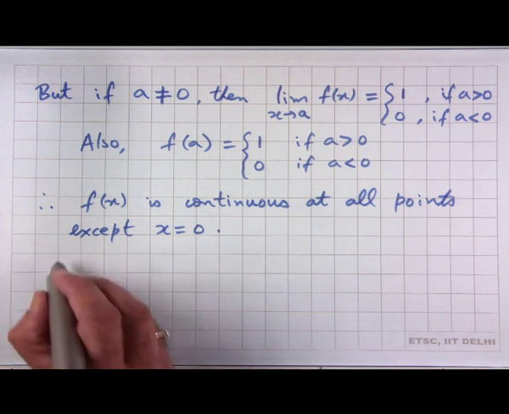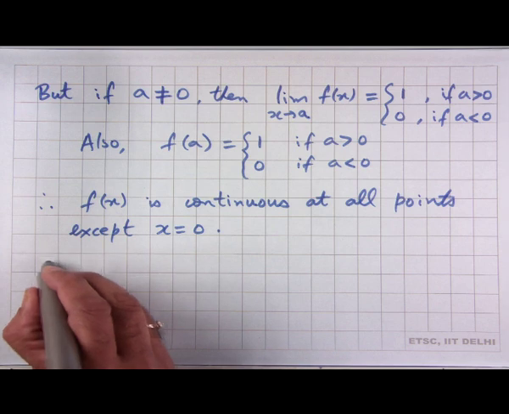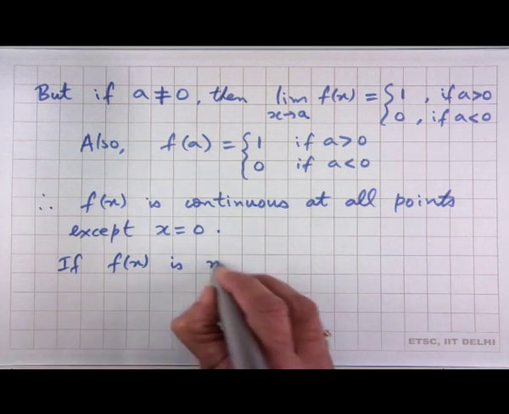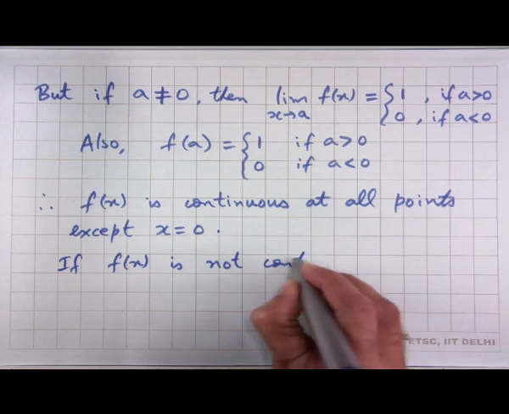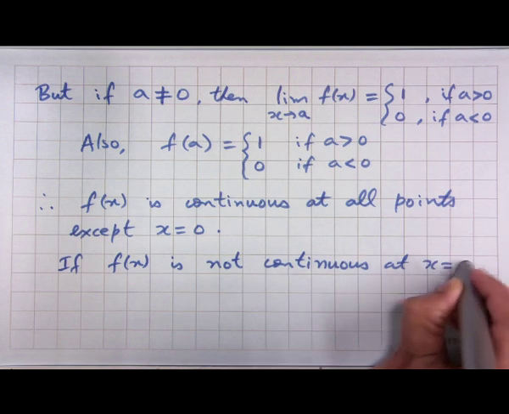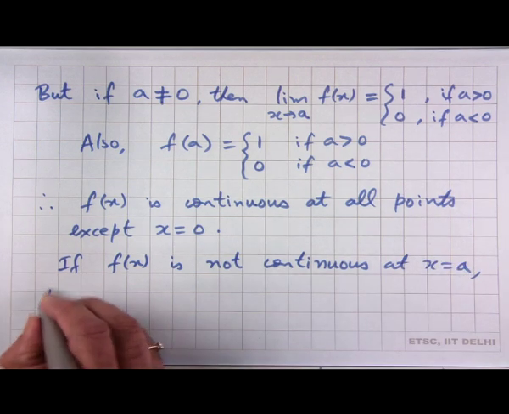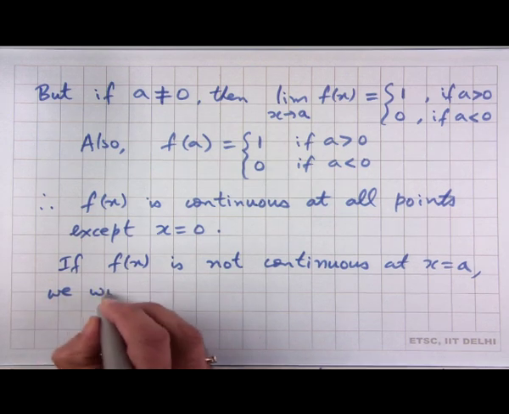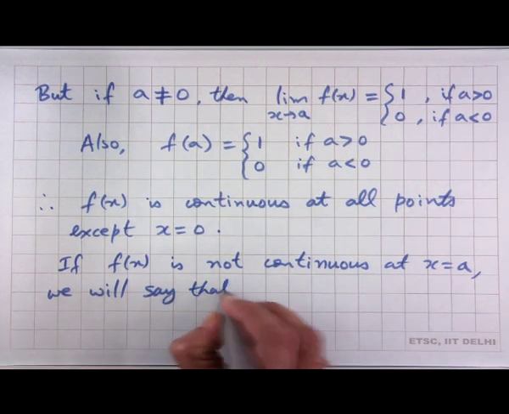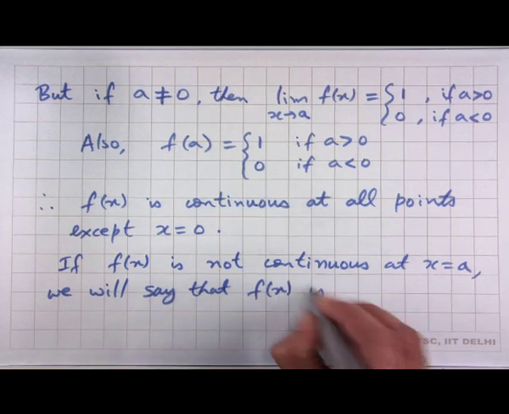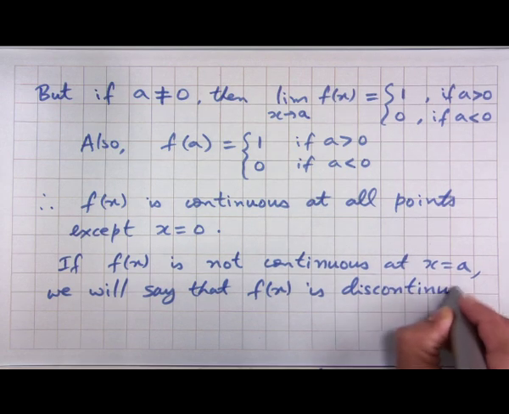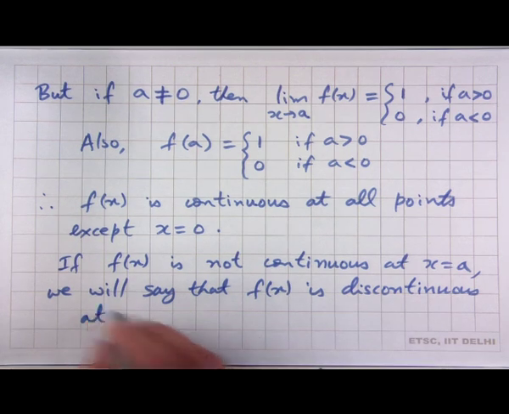Also, if f of x is not continuous at x equal to a, we will say that f of x is discontinuous at x equal to a.